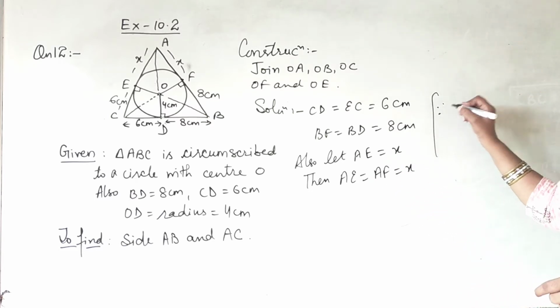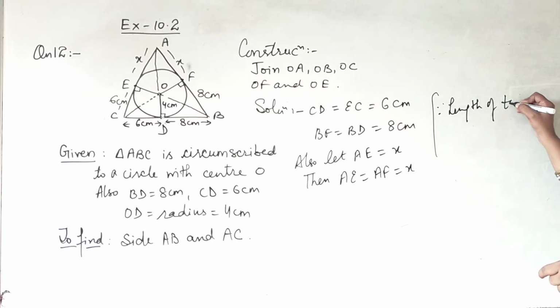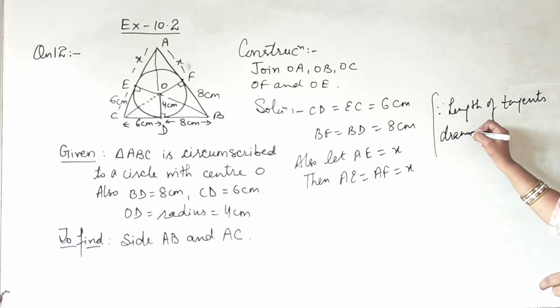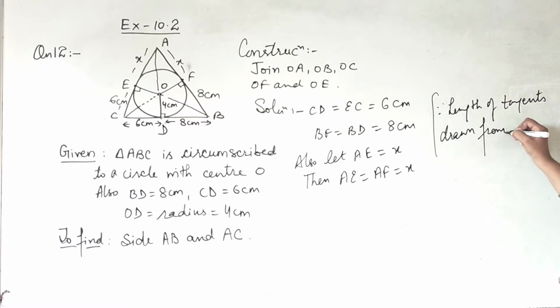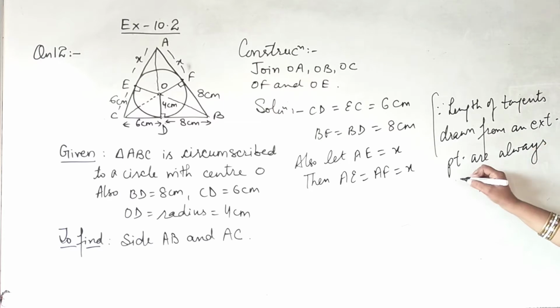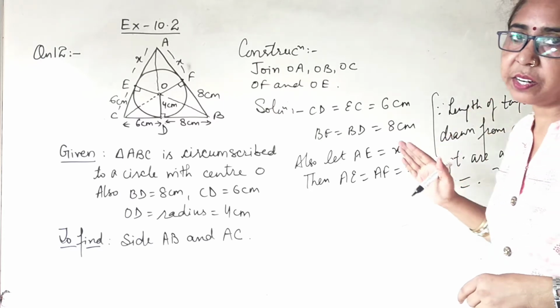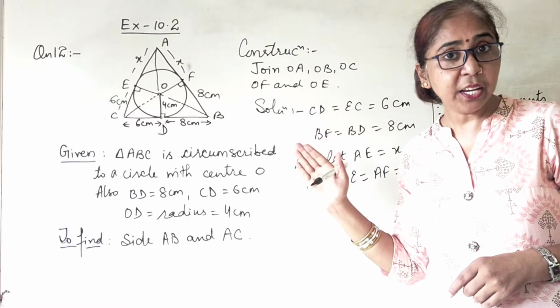And the reason is: length of tangents drawn from an external point are always equal.